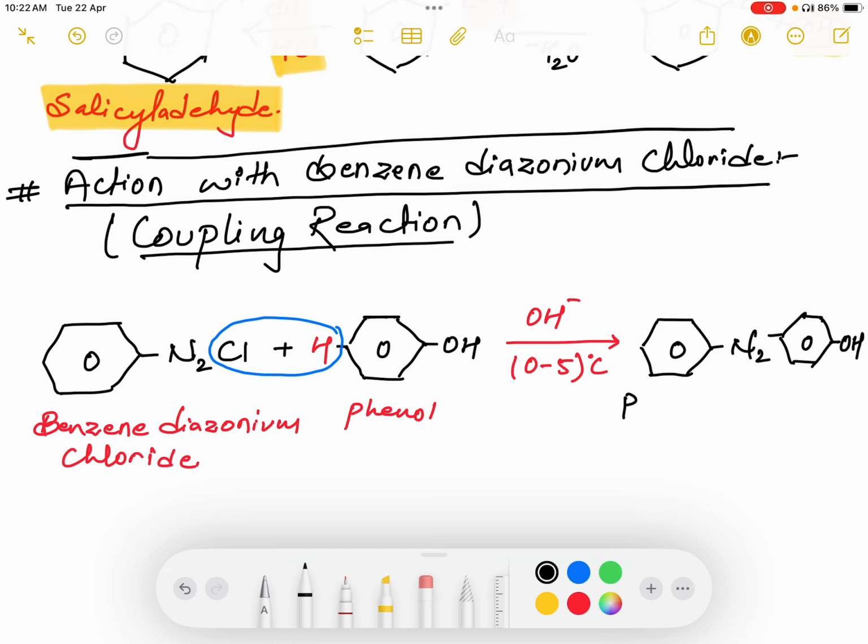So this is what we have: para-hydroxy azobenzene, or azodye.